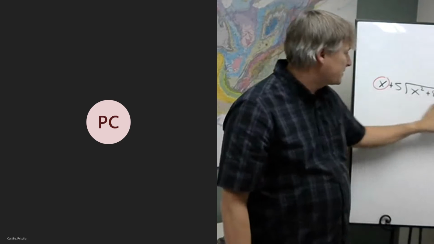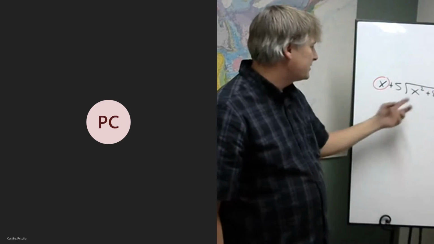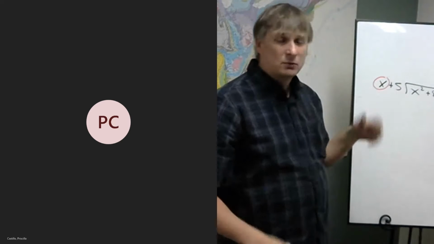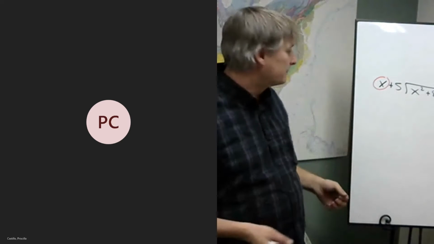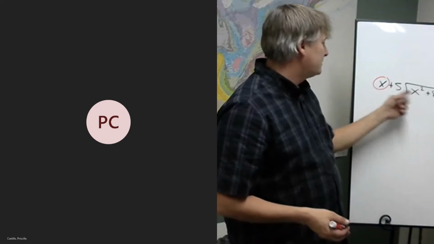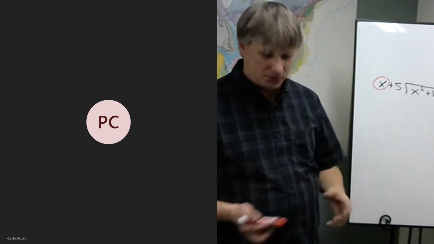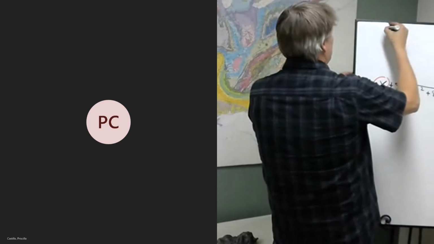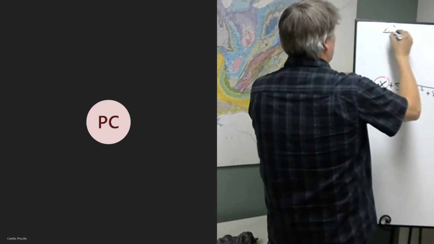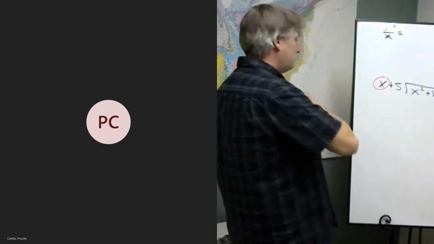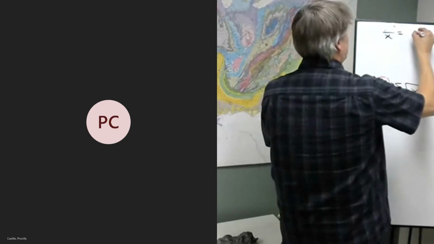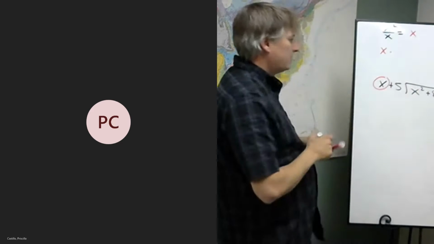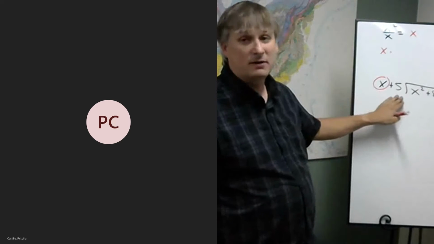So we want everything in standard form. Highest power, next highest power, constant. We want it in standard form. And then we're going to divide lead terms. So in this case, we'll do x squared over x. And that's equal to x.